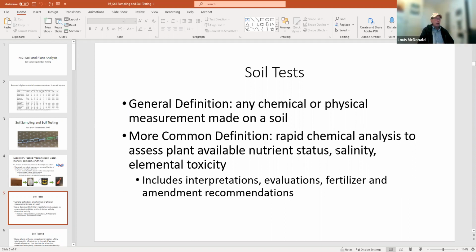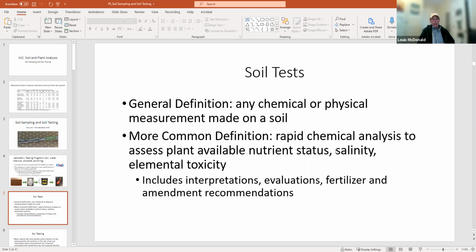And so in my opinion, you can trust university soil test lab recommendations. I'm not saying you can't trust a private lab. I'm just saying I don't know how they make their recommendations. I don't know the basis for where they make their recommendations.